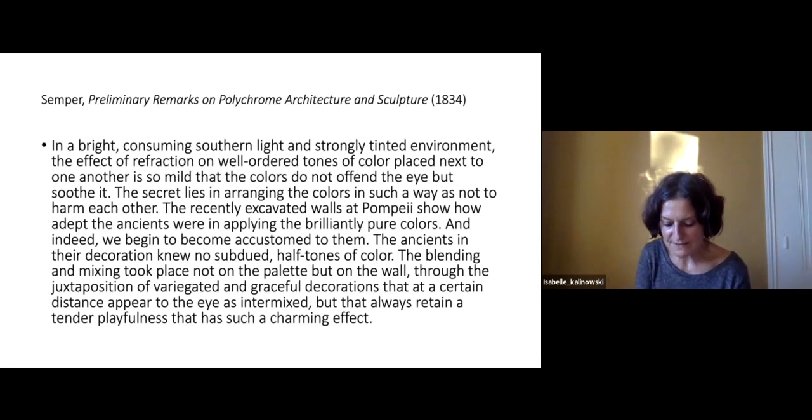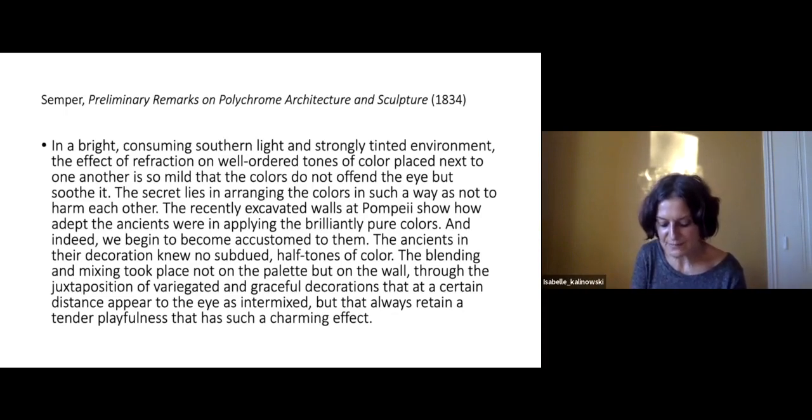Chevreul describes the incidence of other factors, especially of time and duration of vision, on the effects of colors, and wants to develop a technique to rationally control these contrasts through the choice of adequate tones.